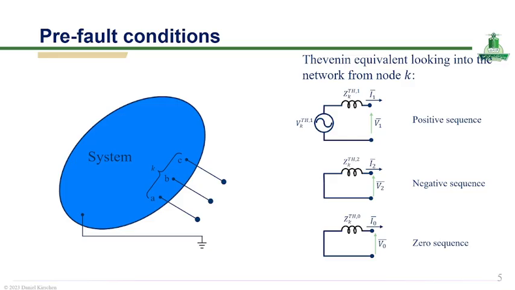This decomposition is essential because it allows complex unbalanced fault problems to be analyzed more easily by studying each sequence network separately and then combining the results.